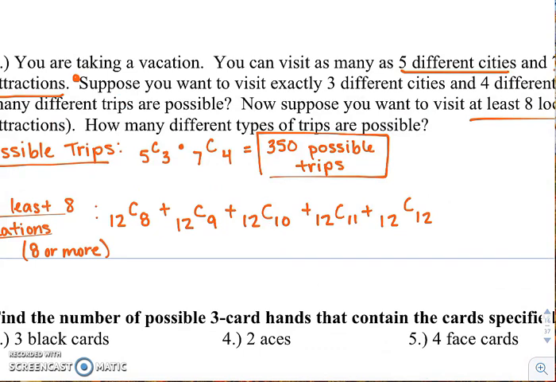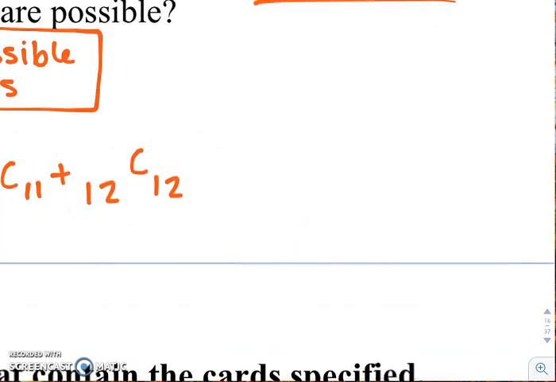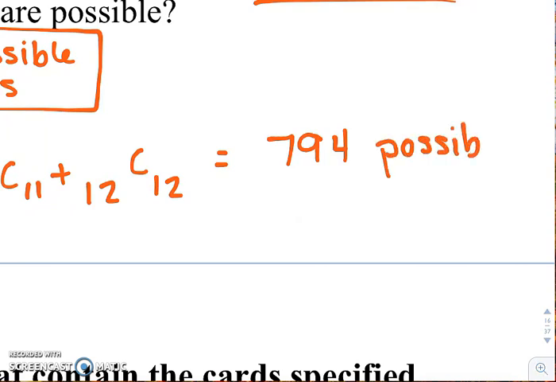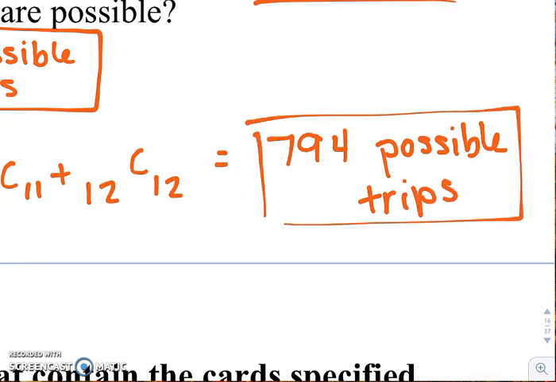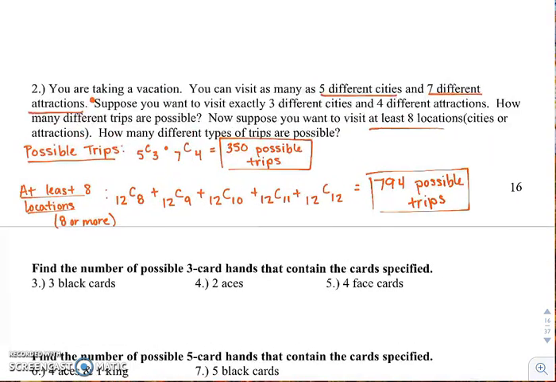So those are your possible combinations for at least 8, so 8 or more locations. If we added all of them up, we'd end up with 794 possible trips. So you have to pay attention to the wording for these.